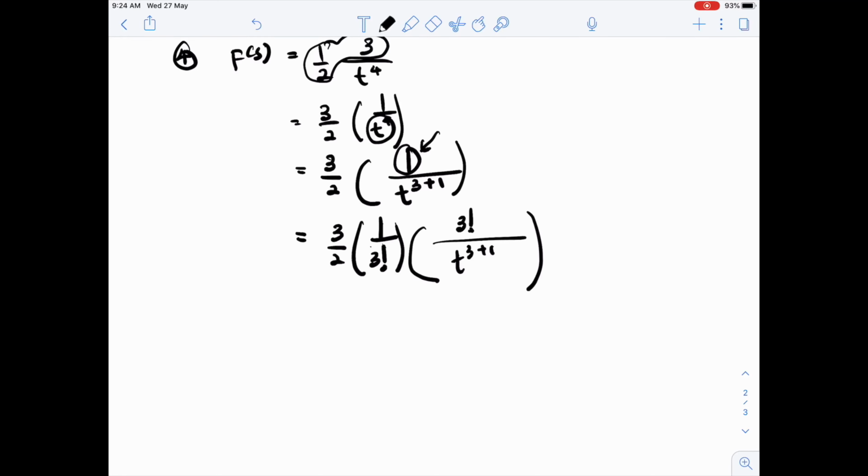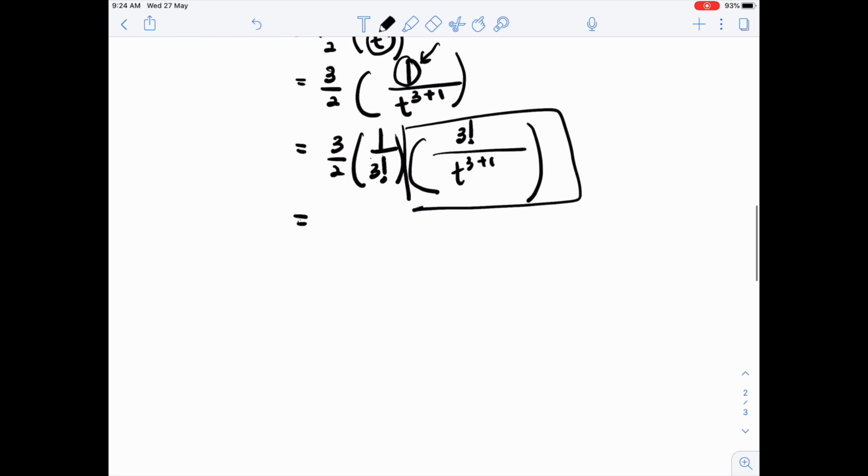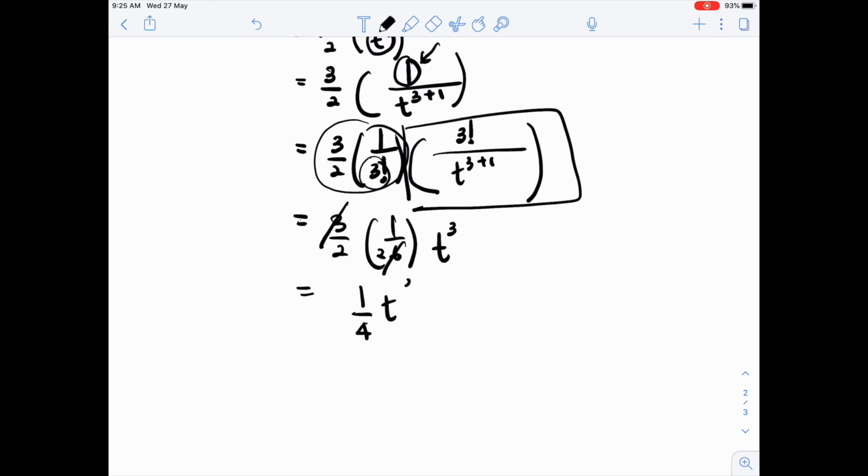Then you may directly refer to the table, and you will get t to the power of n, which is t to the power of 3. But what about the constant? You need to simplify it: 3 over 2 times 1 over 3 factorial, which is 1 over 6. Simplifying, you will have 1 over 4 t to the power of 3.